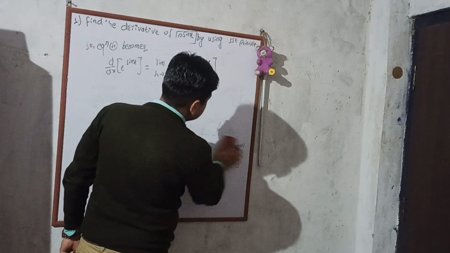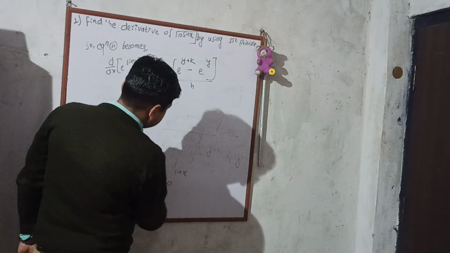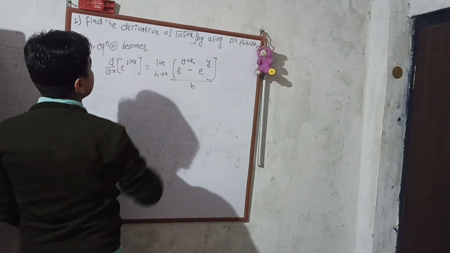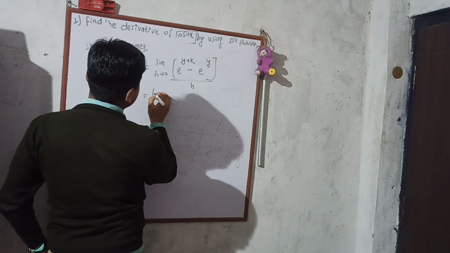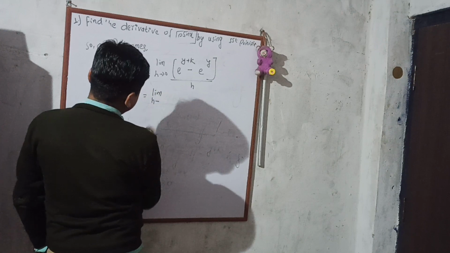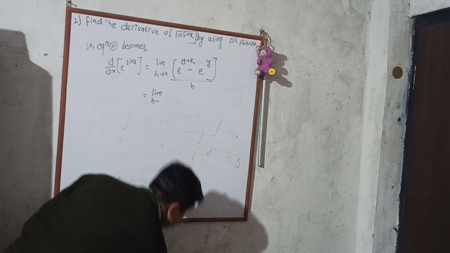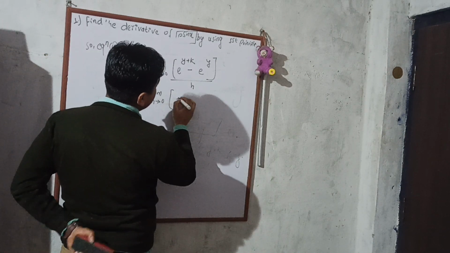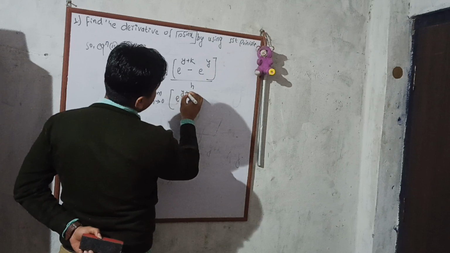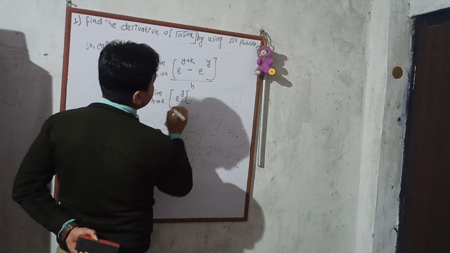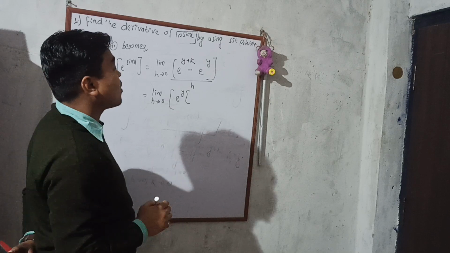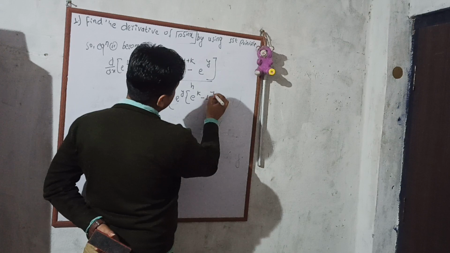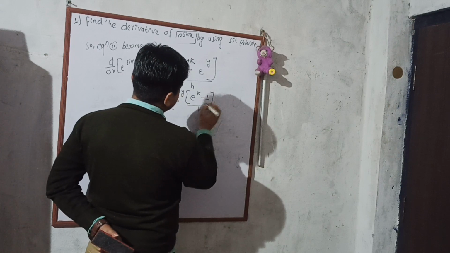You simply write the limit h tends to 0, taking e to the power y as a common factor. It becomes e to the power y times the limit of e to the power k minus 1 divided by h.